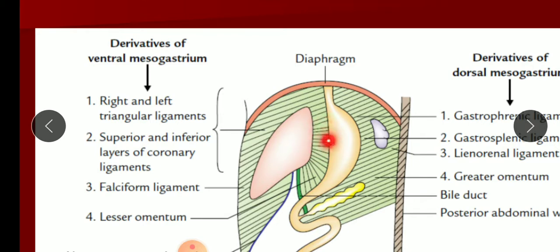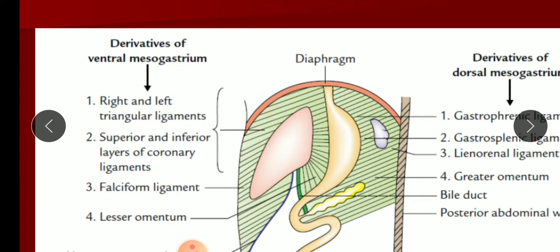That is what is termed the lesser omentum. Fine. And the next part from the liver to the anterior abdominal wall. That part is going to develop as your falciform ligament, your coronary ligaments, like that. So in short, the development of the liver in the ventral mesogastrium will split it into the lesser omentum here, and this part becomes the falciform ligament and coronary ligament.